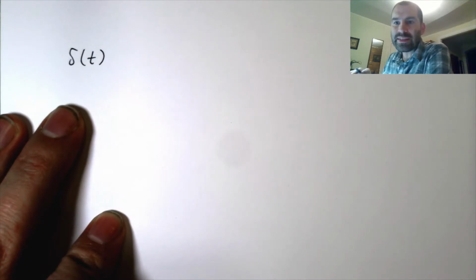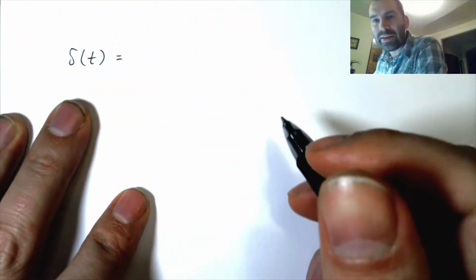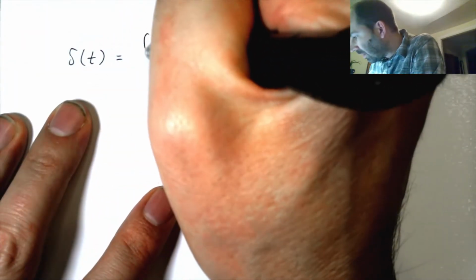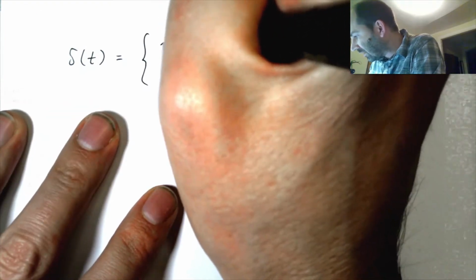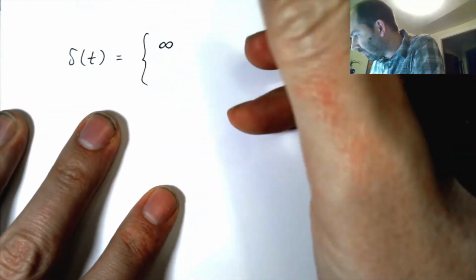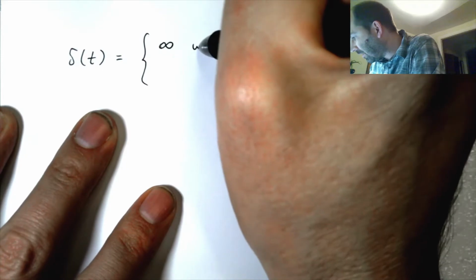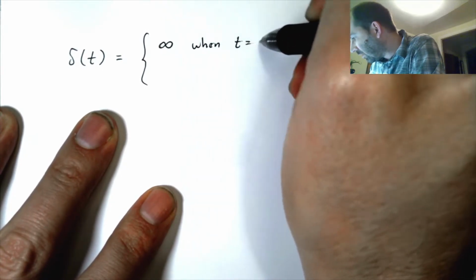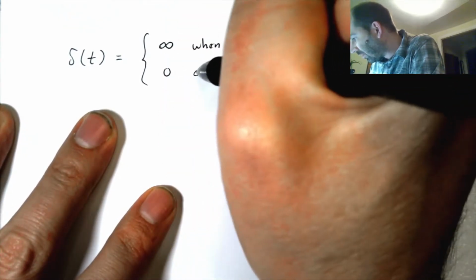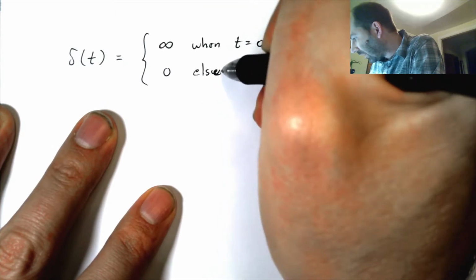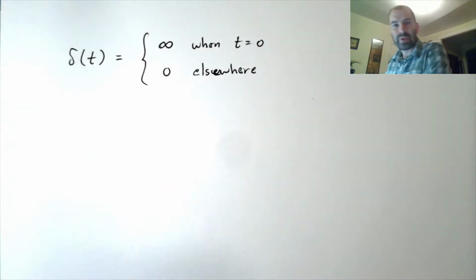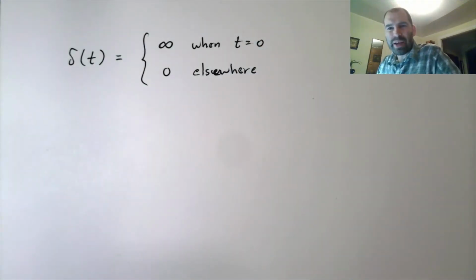Okay, so in this sense, it is not a real function as we usually define them. All right, so it's infinity when t equals 0, and it's 0 elsewhere. Okay, so it's just a spike at 0.